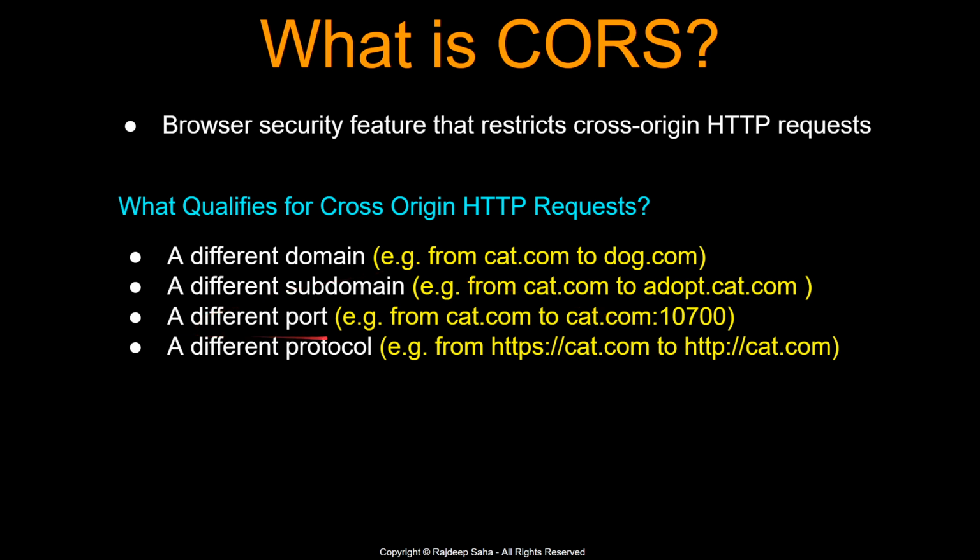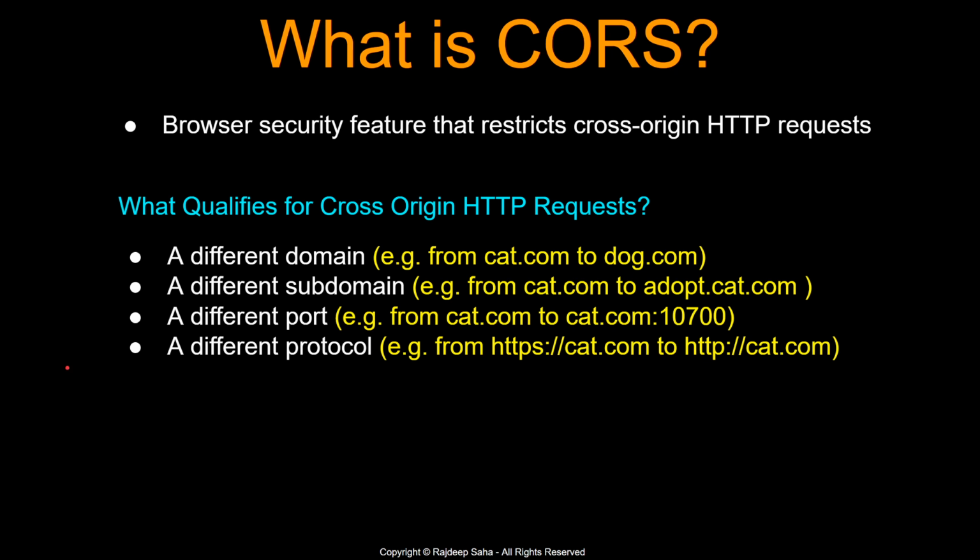If it goes to a different port, for example, from cat.com to cat.com:10700. So basically by default, this is port 80, and now it's trying to go to port 10700. Or a different protocol, let's say HTTPS cat.com to HTTP cat.com.